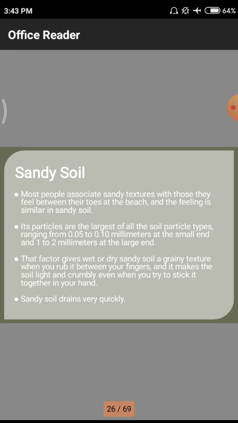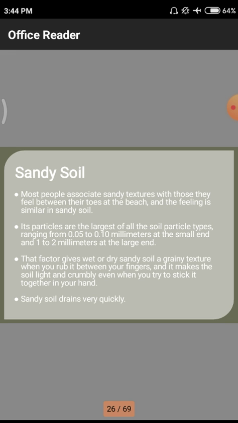Sometimes the large end has 1 to 2 millimeter stones, and small particle sizes also occur in sandy soils because of the erosion of rocks and other strata.